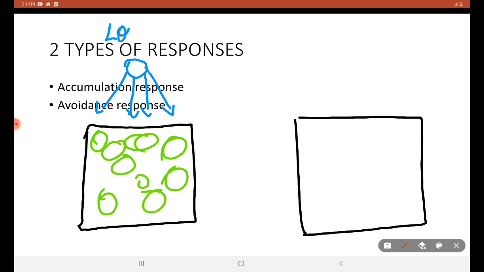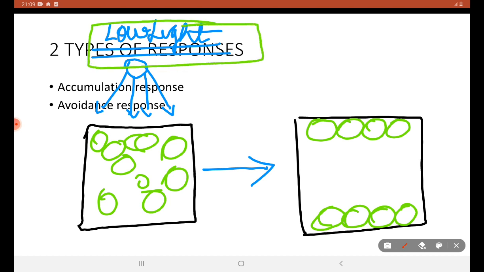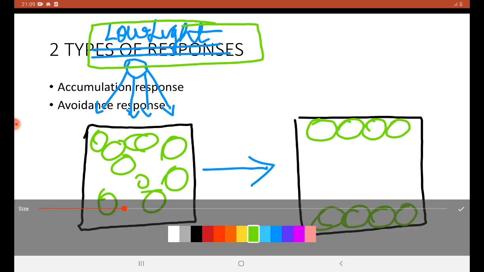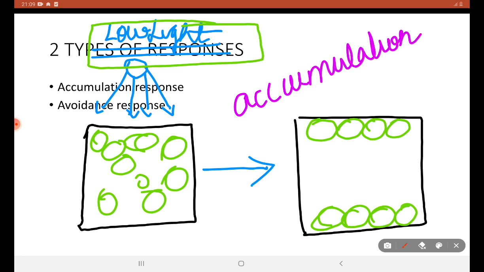This is low light, a very low amount of radiation. As a result, chloroplasts started accumulating on both sides. Since the light is very low, they started accumulating. This kind of response is called the accumulation response.